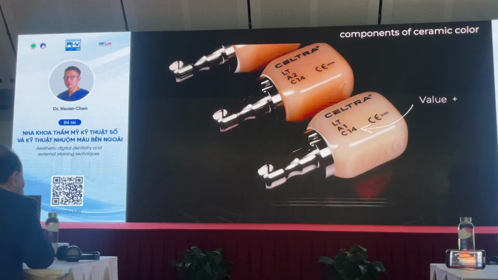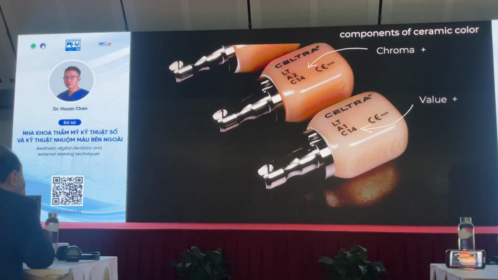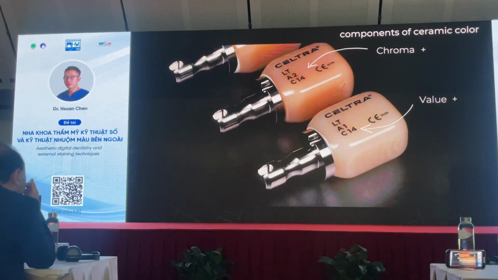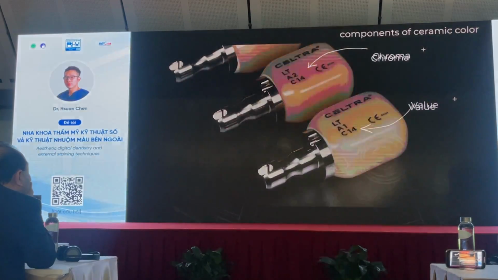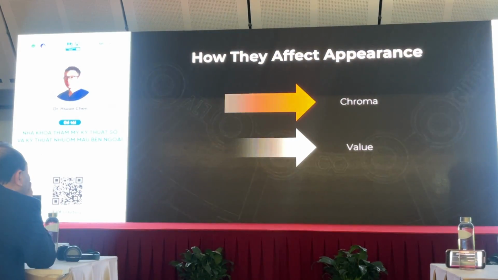We have value, which is how bright it is, and then we have chroma, which is how colorful it is. That's it. Basically, every ceramic has 2 properties, the value and the chroma. So the chroma talks about whether it is very saturated, like very, very orange, or not. The value is about whether it's very white and bright, or not.